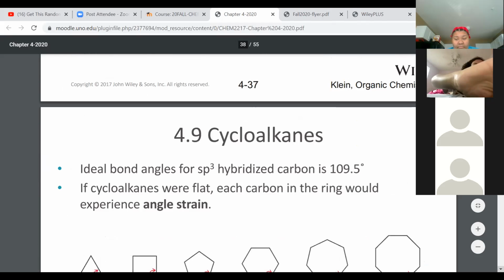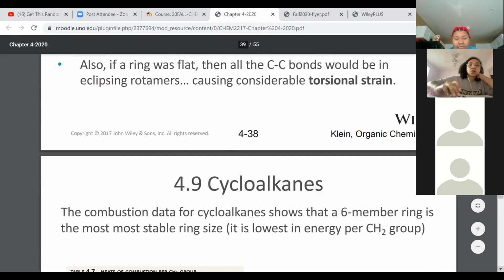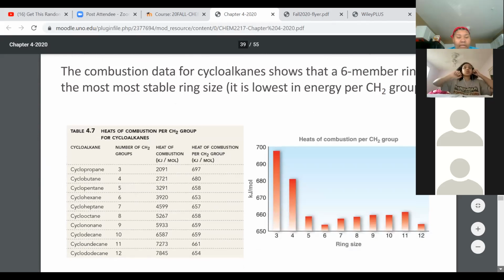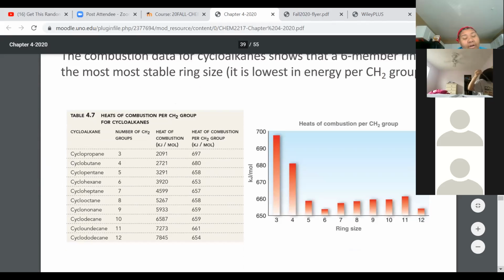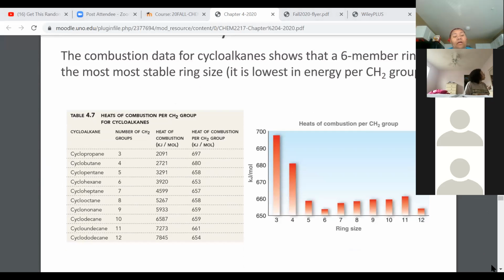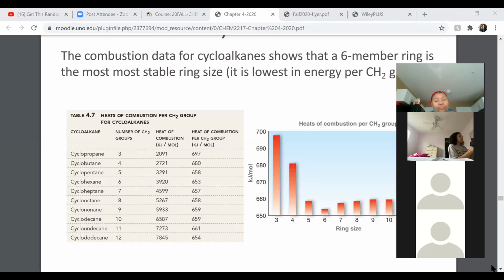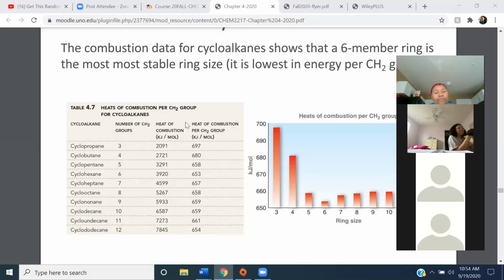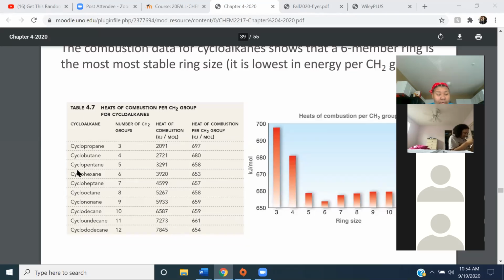I know this problem has something to do with the strain. Okay. I see on slide 39 they're talking about heat of combustion in a chart. I'm going to share it. It's showing cyclos and then the number of CH2 groups compared to the heat of combustion.